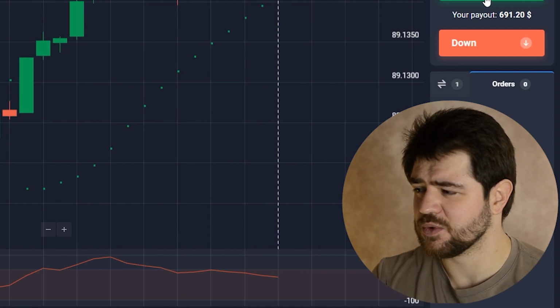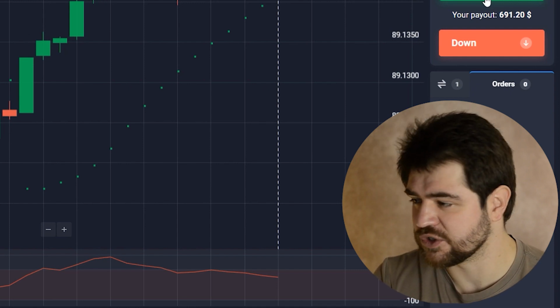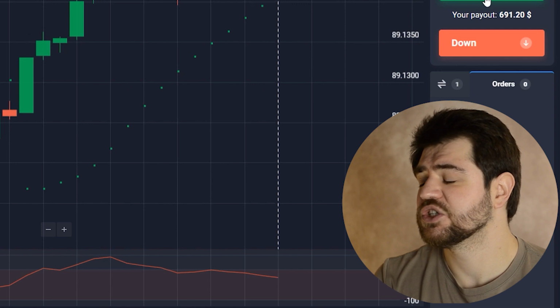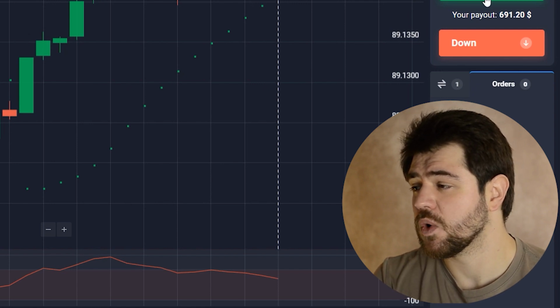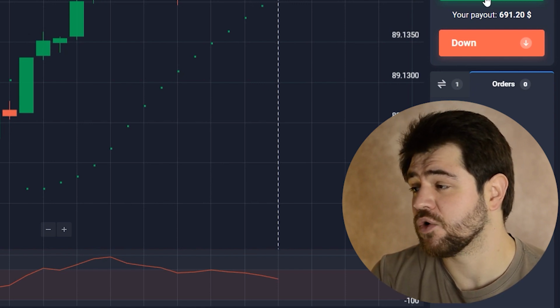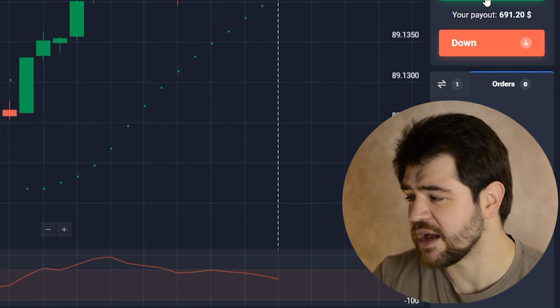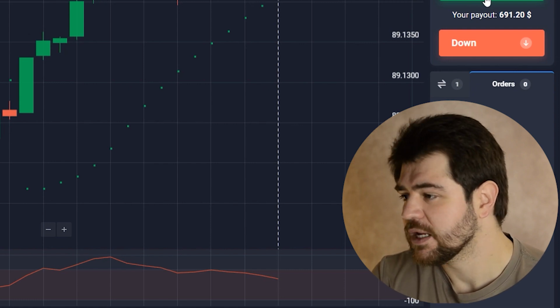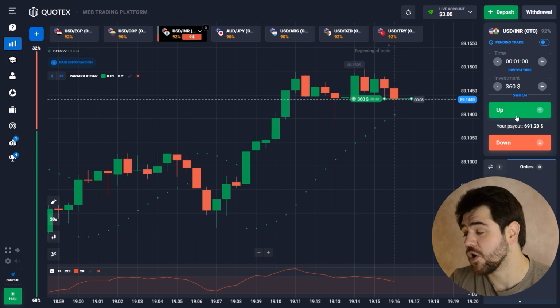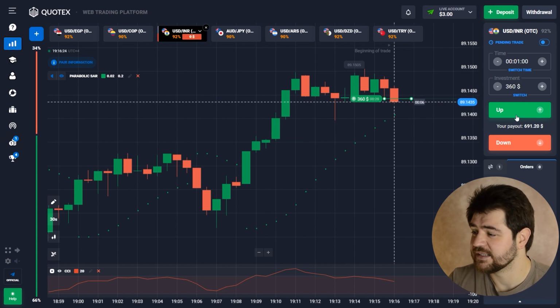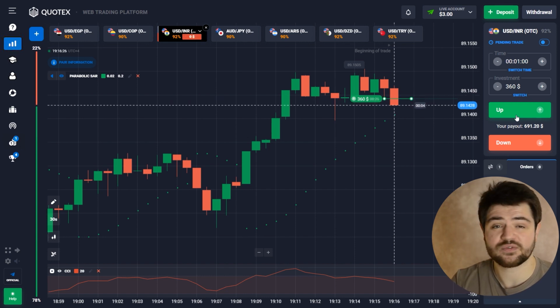For example, if it accumulates below levels or zones, that's a good indication that it's gonna go either up or down. But here we also have SAR pointing up, so therefore a call option was made. Let's wait for the result of this and we'll continue.